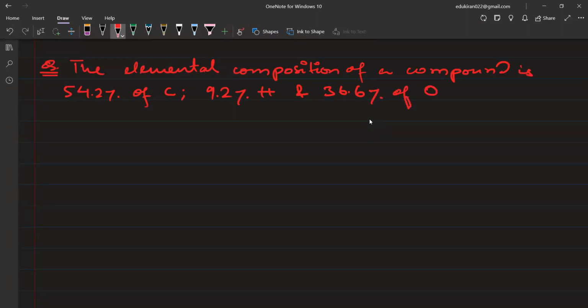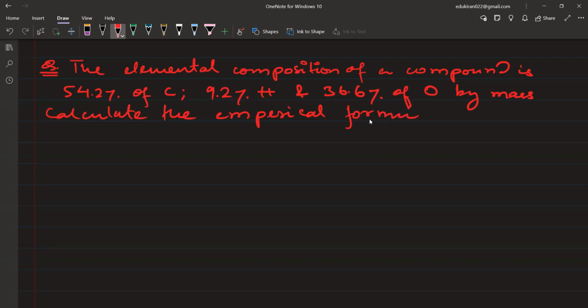So we have carbon, hydrogen, and oxygen. Okay, atoms, not molecules. We have only carbon, hydrogen, oxygen. Determine the empirical formula by mass. This is by mass. Calculate the empirical formula. Please do it, guys.